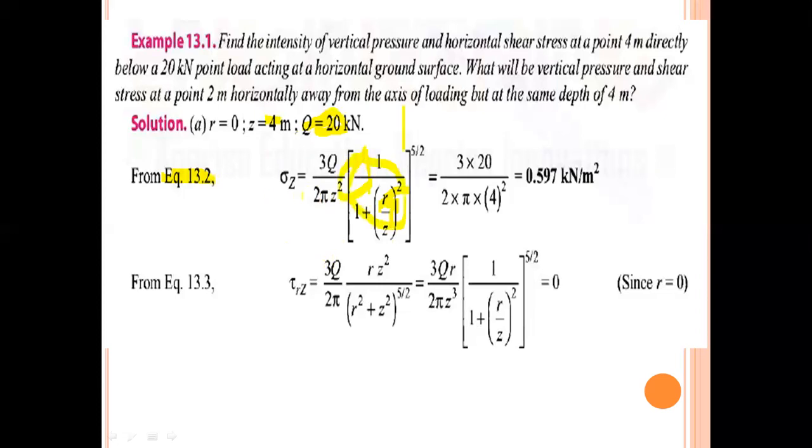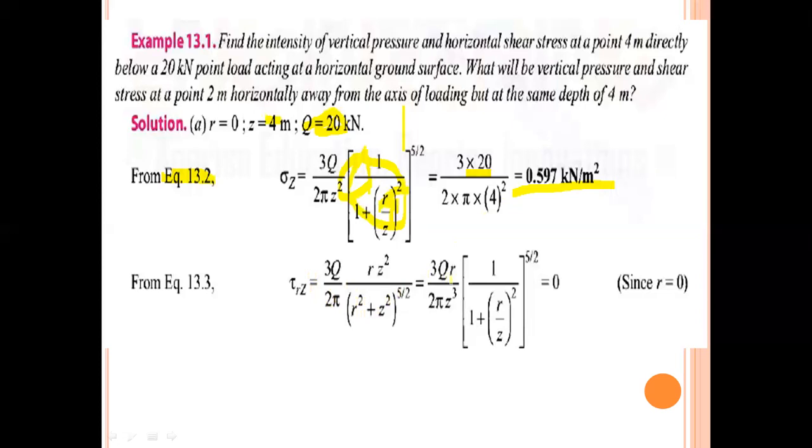So the remaining value is 3 into Q value 20 divided by 2 pi into Z value 4 square, that equals 0.597 kilonewton per meter square. Similarly, next is tau RZ, 3Q by 2 pi into R Z square by R square plus Z square whole power 5 by 2.